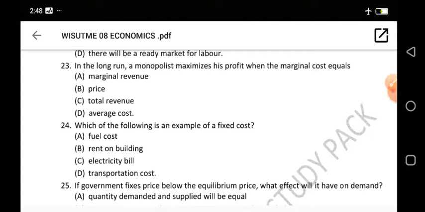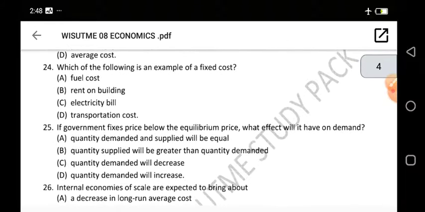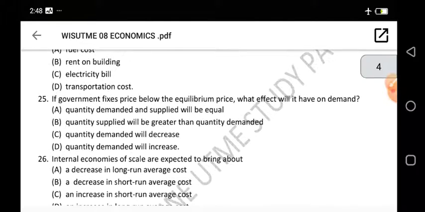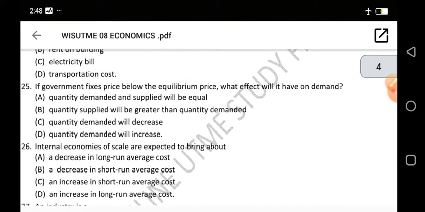Number 25, and that's where I will stop. If government fixes price below the equilibrium point, what effect will it have on demand? Let me quickly help you draw the diagram on that.